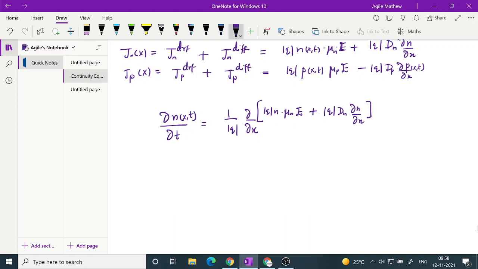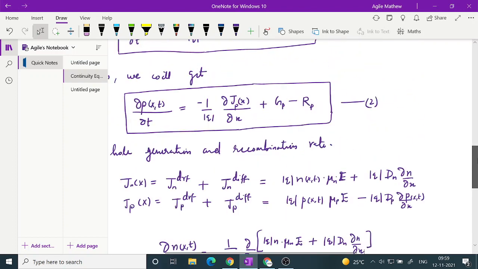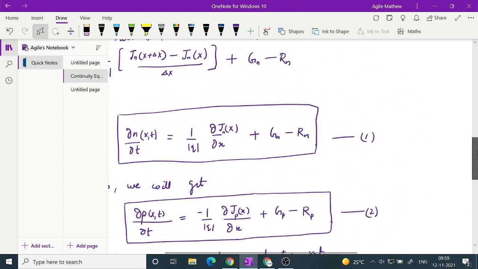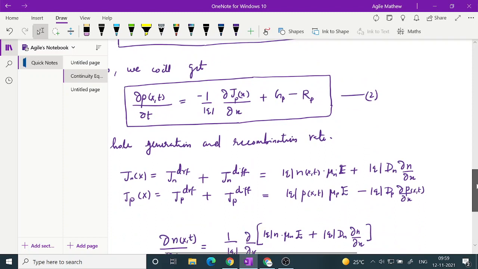This is the first term that we had, and then plus Gn minus Rn.